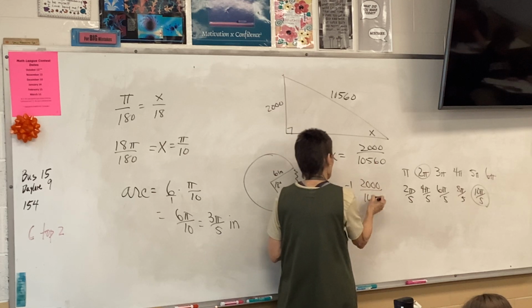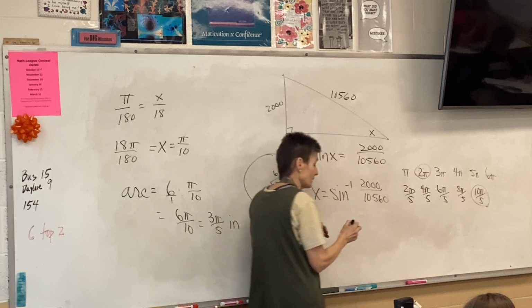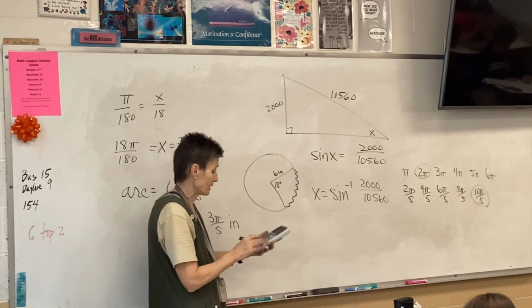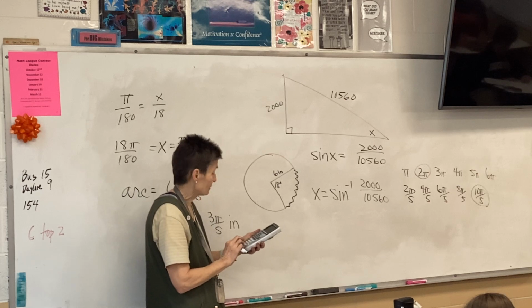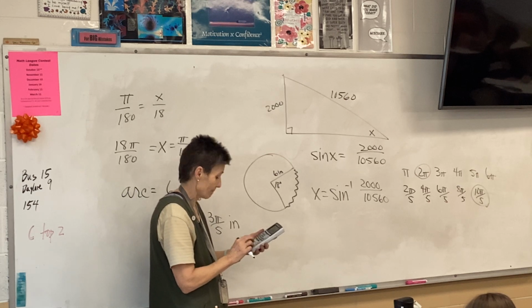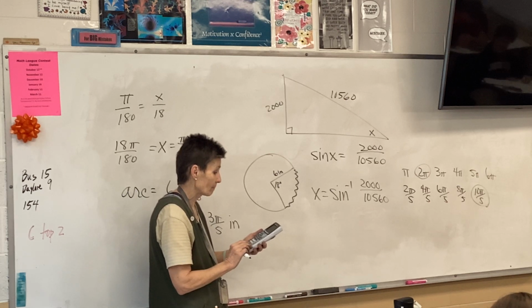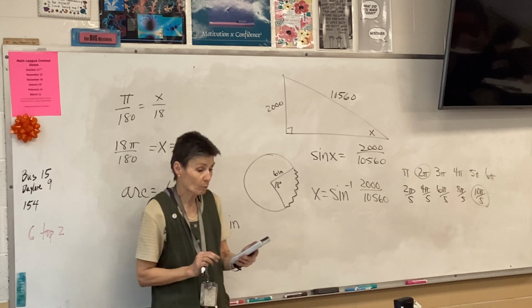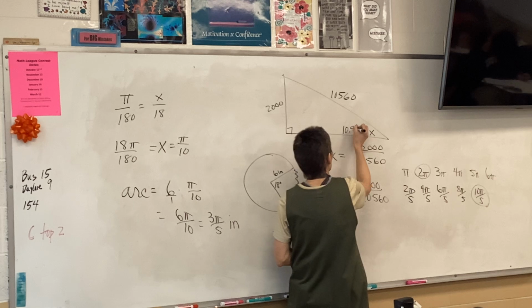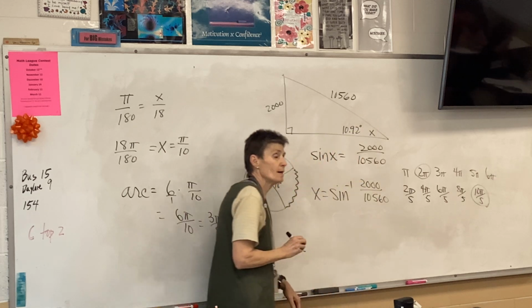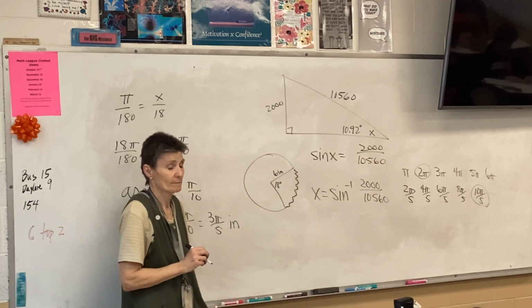Your calculator doesn't care. It'll just take it just like that. So second sine. 10.91. That's what I got. Actually, 10.92. You didn't round. So 10.92 degrees.